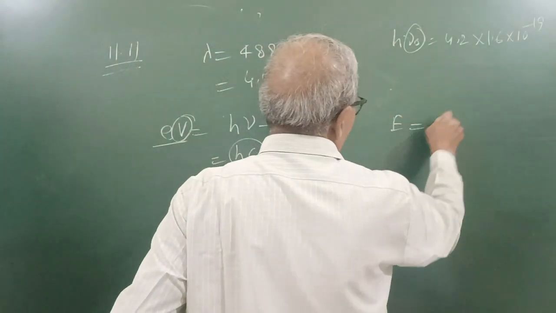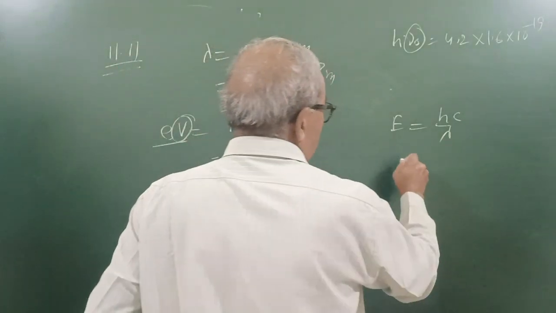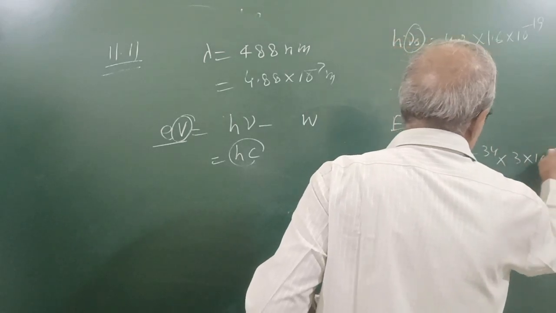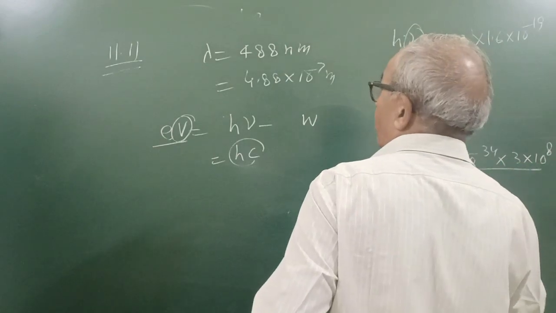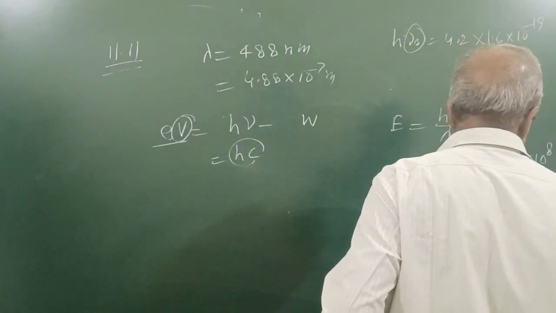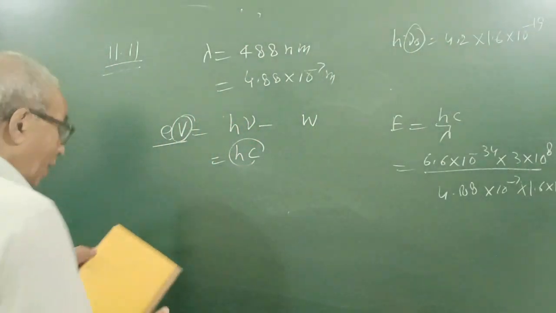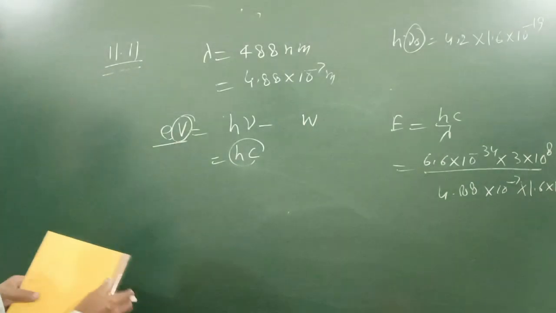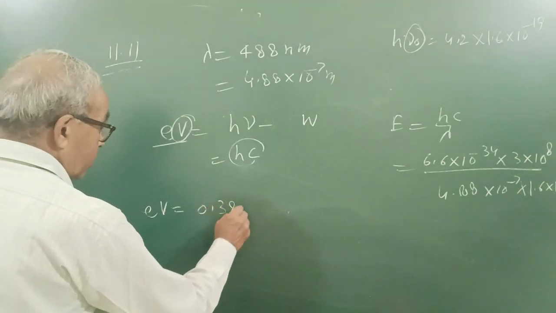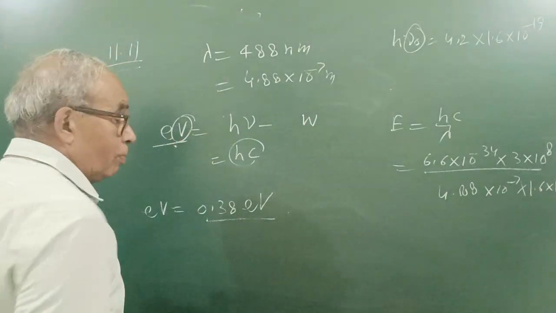Energy of photon hc upon lambda is 6.6 × 10^-34 × 3 × 10^8 upon 4.88 × 10^-7 × 1.6 × 10^-19 electron volt. The given eV is 0.38 electron volt. So what will the work function be? This minus this. Simple. You can do it.